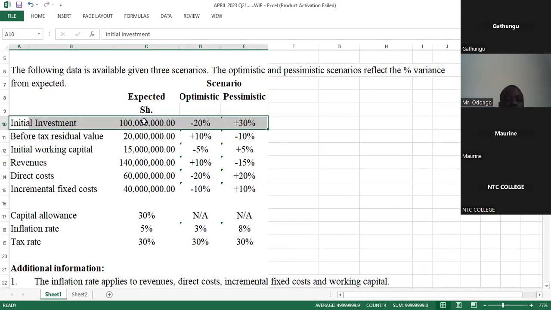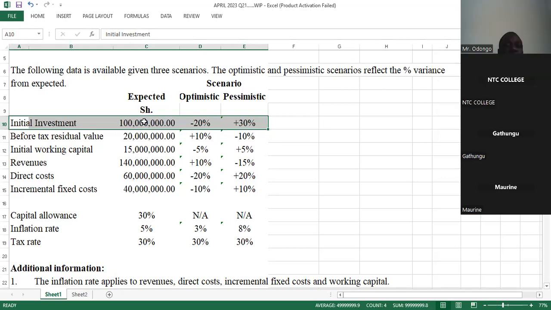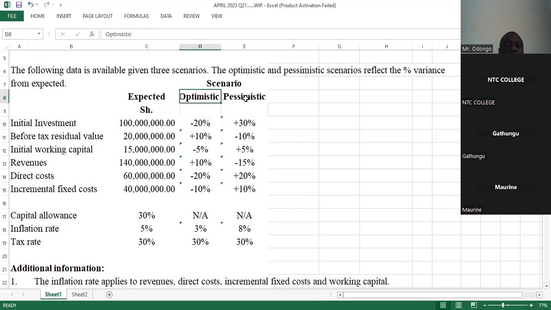So under the expected, the initial investment was 100 million. The changes for the other two cases are these percentages. And when you check under the optimistic case, we have that the initial investment should change by negative 20%, yeah?